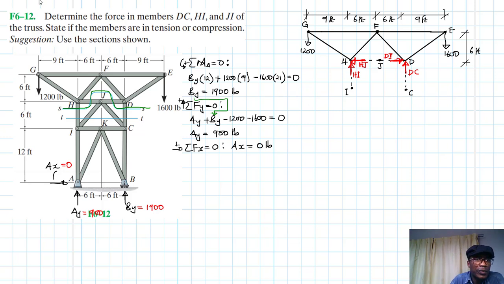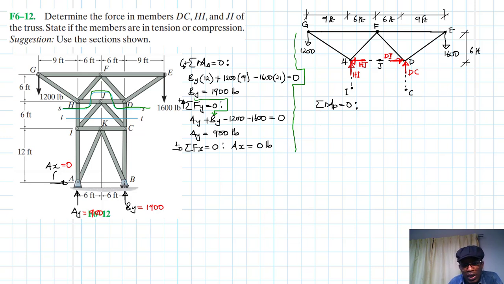Okay, so we are going to take moments about point D. DC and DJ and HJ will not have an effect, or it will not cause any moment about point D because their lever arms are equal to 0. So we have summation of moments about point D equal to 0. Let me just draw a boundary here, like so.